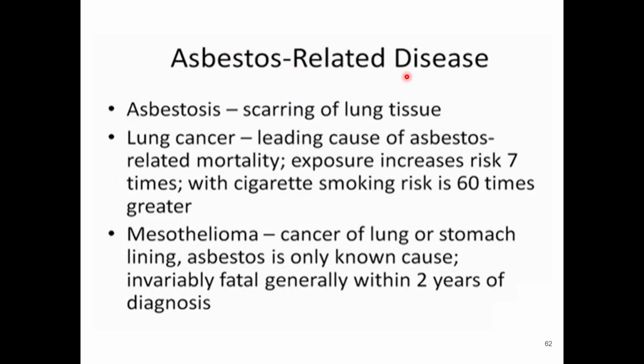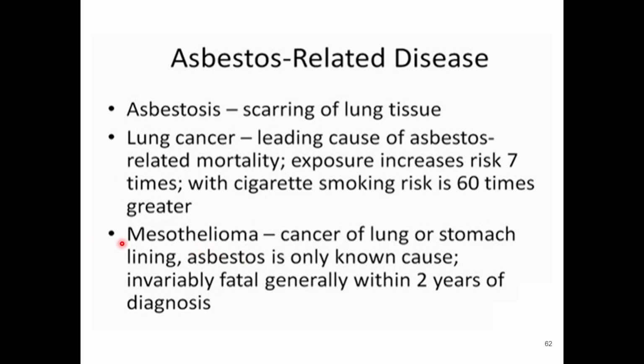So the asbestos related diseases are various, such as scarring of lung tissue and lung cancer, the leading cause of asbestos related mortality. Its exposure increases risks 7 times, and with cigarette smoking the risk is 60 times greater. So just having asbestos can increase the risk of lung cancer by 7 times, and with the combination of asbestos and cigarette smoking, the risk can increase up to 60 times.